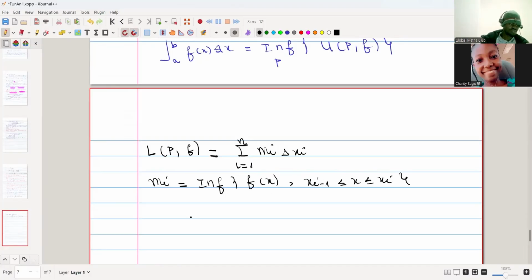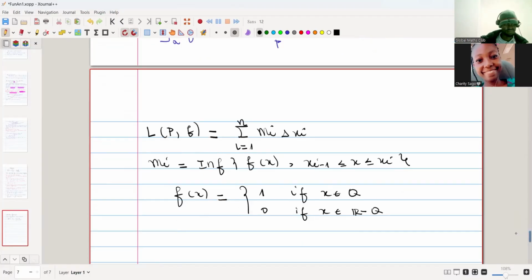Now, just to recall what is f. F is equal to 1 if x is a rational number, and 0 if x is an irrational number. Now, obviously, we see that the infimum of f is 0, right?